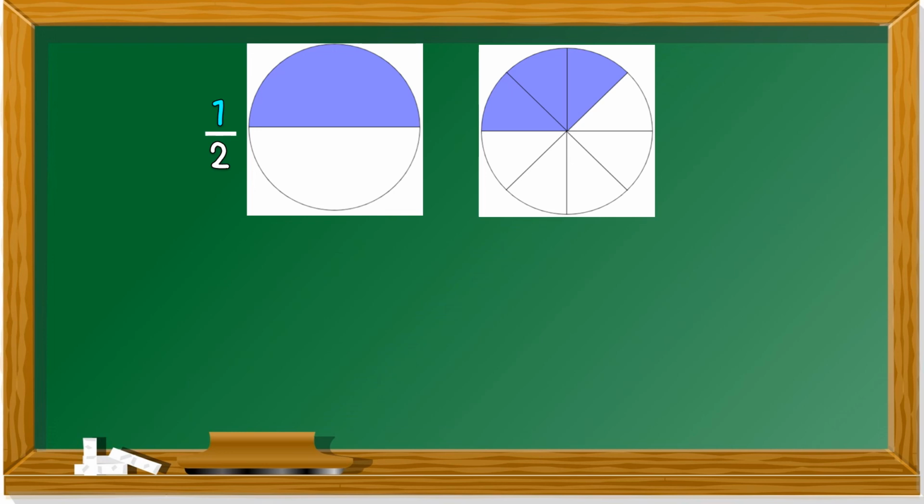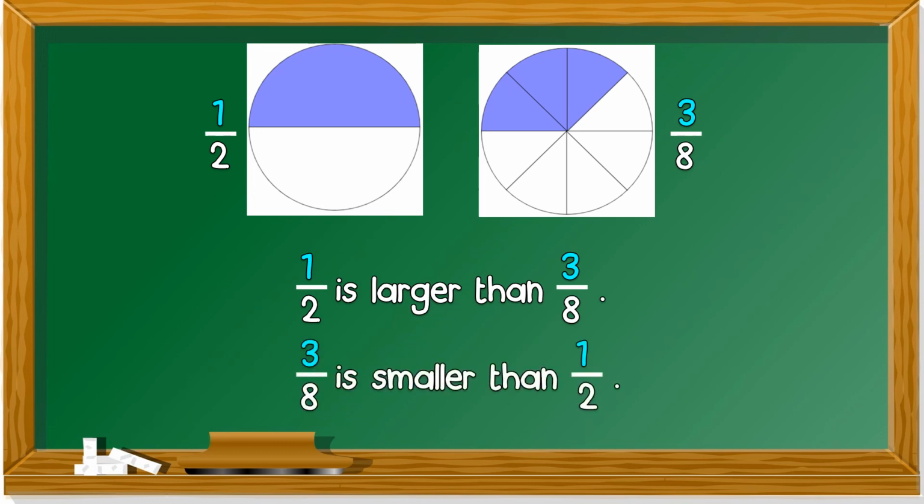There are 8 parts with how many colors? 3. So it's 3 over 8. You look and compare, banding these two. Which one is larger? 1 over 2 is larger than 3 over 8. So 3 over 8 is smaller than 1 over 2.